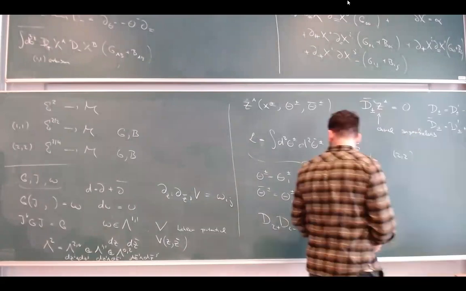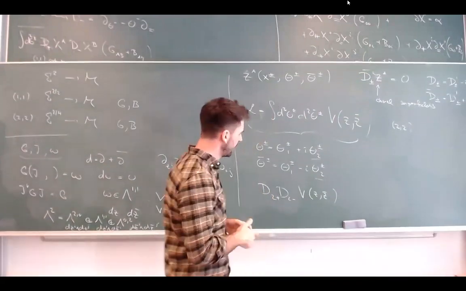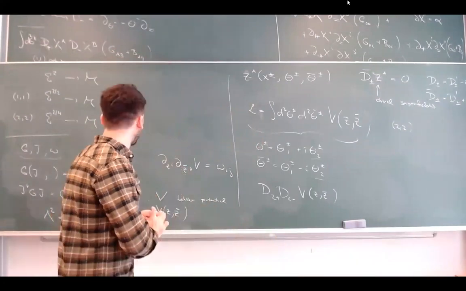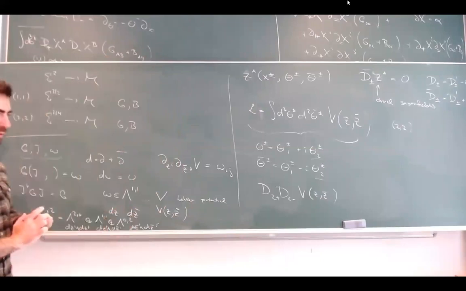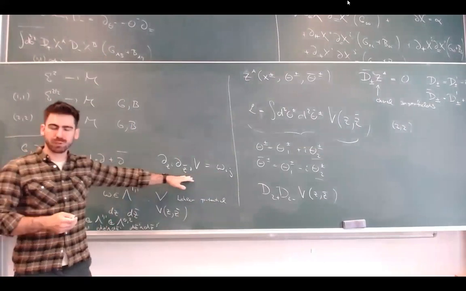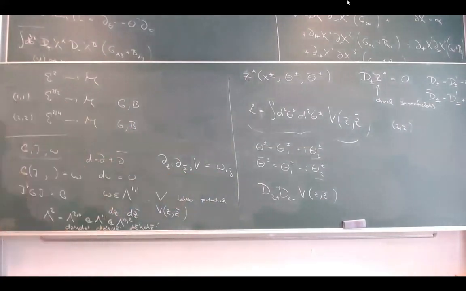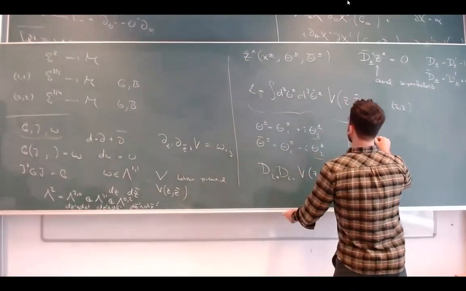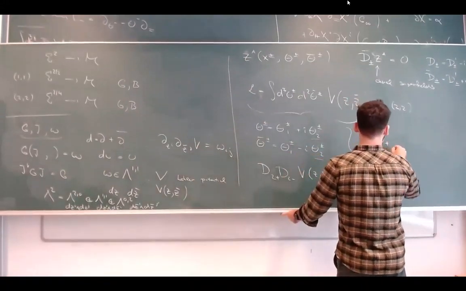And if I do this, I will end up with some one model, and I can read off the G, or possibly B if there's a B in the model. And it turns out that it will exactly fit this description that I gave you. There will be a few derivatives, and we will read off that. Right. So if I do this, I will end up with this kind.